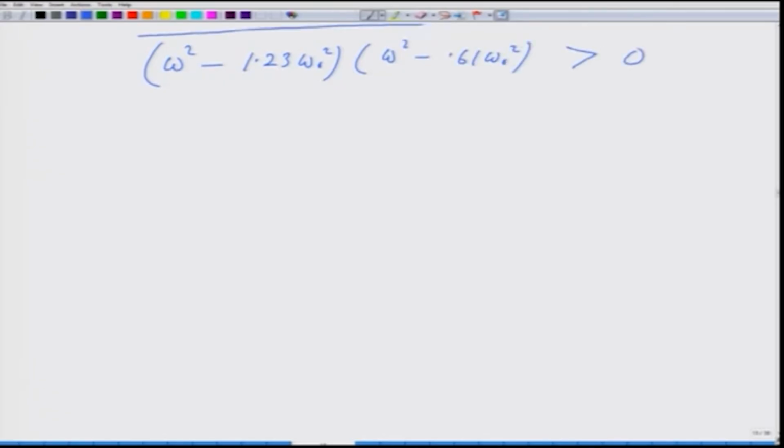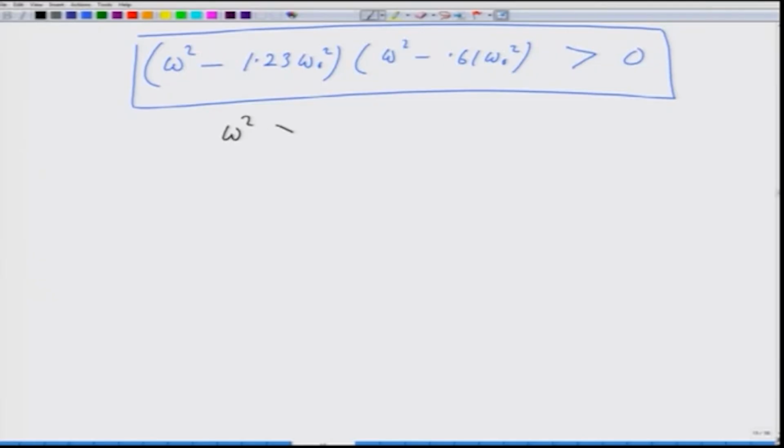This is what I want if the amplitude has to be less than 2 f by k, and therefore, either omega square should be greater than 1.23 omega 0 square or omega square should be less than 0.61 omega 0 square. Now, you can solve and get the numbers.